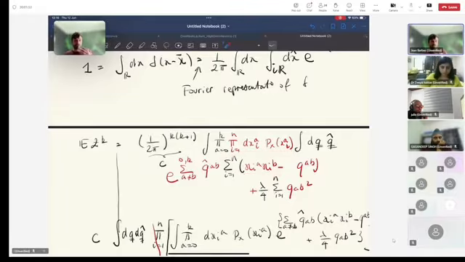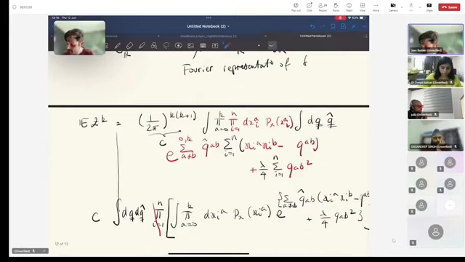And the point of all this simplification now is that we ended up with an expression which is fully factorized over this index i, because this sum over i in the exponent becomes a product of exponentials. And this reference measure here is also factorized over i by hypothesis.